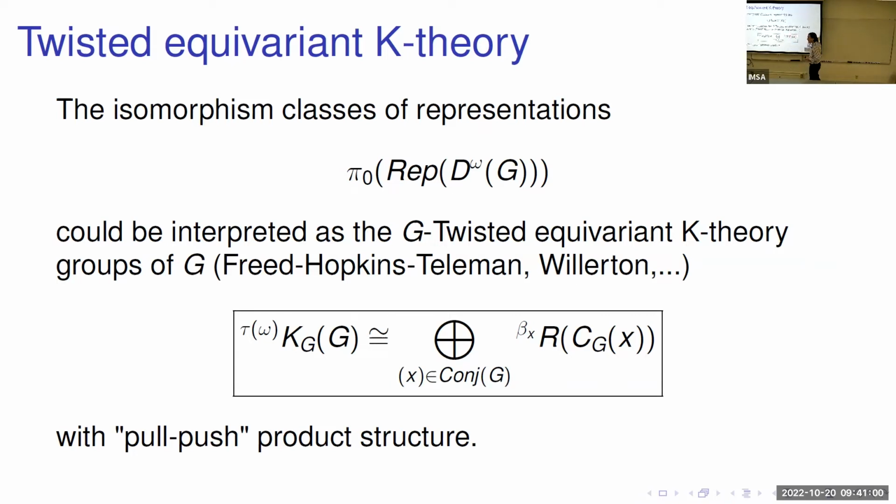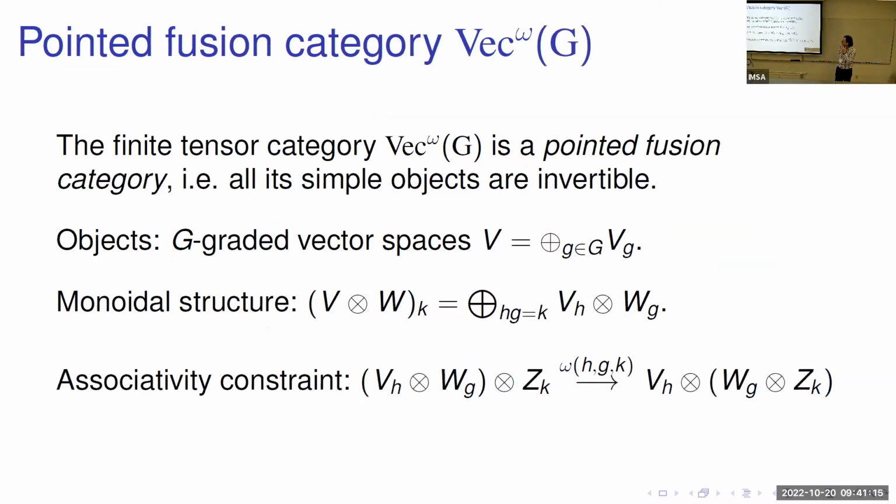Of course, there is a way to endow this with a product structure just by doing a pull-push argument, and it turns out to be equivalent to the representation of the twisted Drinfeld double.